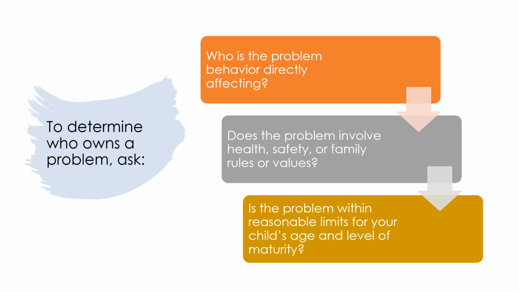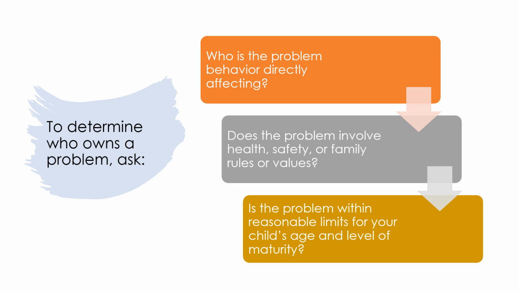So to determine who owns a problem, we can ask a couple of questions. Who is the problem behavior directly affecting? Like, whose needs or goals are being blocked? Who is raising the issue or making the complaint? That person usually owns the problem. And does this problem involve health, safety, or family rules or values?